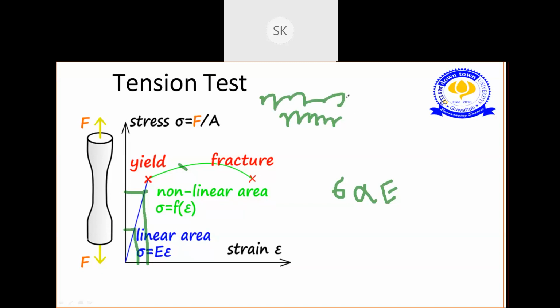When it starts to elongate, you can call it yield. Yielding has started because it won't come to its original form. Whenever you apply force, it will get elongated and elongated, and at some point it will fracture. So basically, this is your non-linear part. This is your linear part.